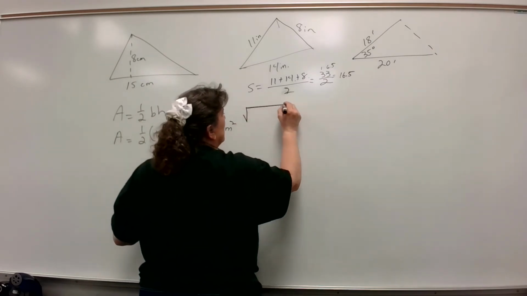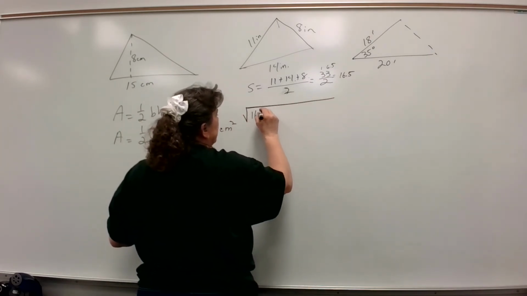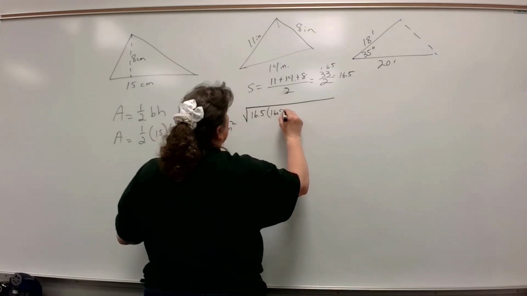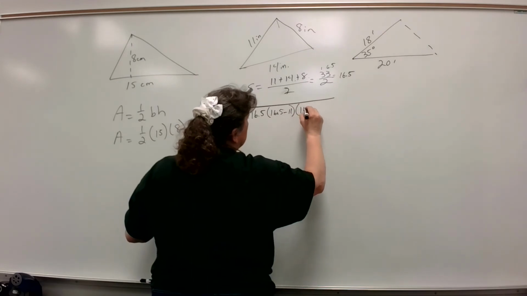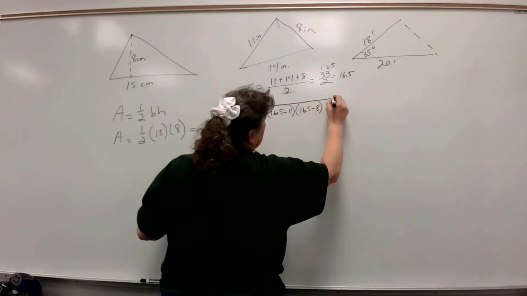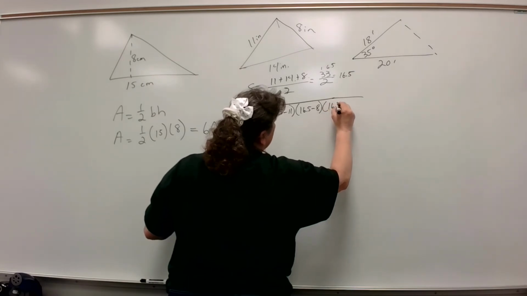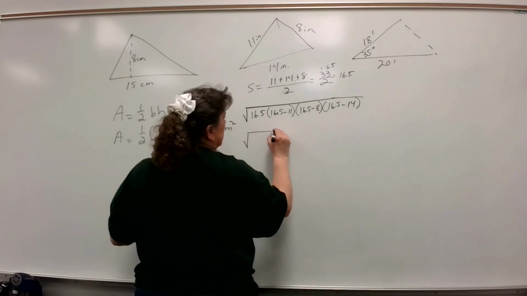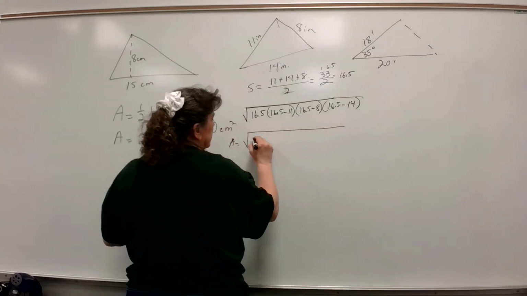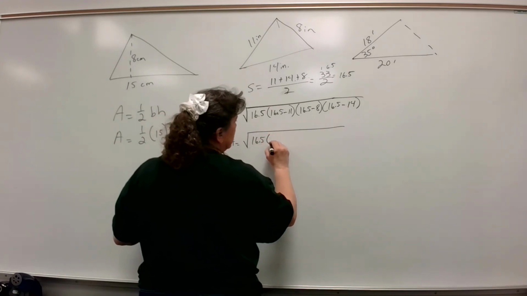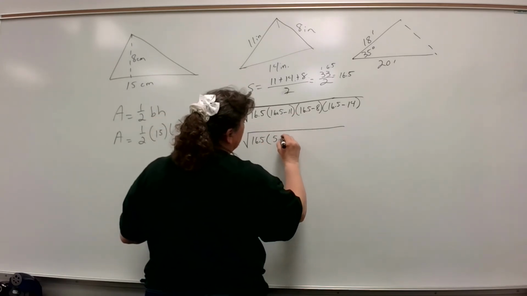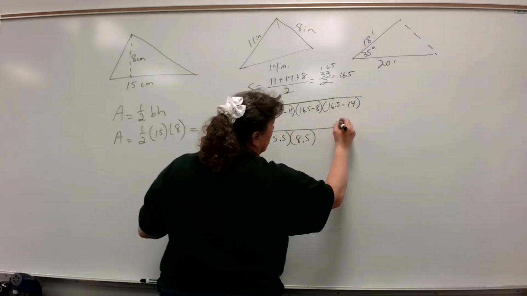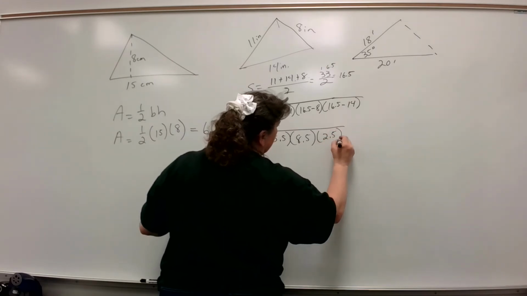So now my area, 16.5 times 16.5 minus 11, 16.5 minus 8, and 16.5 minus 14. This gives me now 16.5 times 5.5, 8.5, and 2.5.